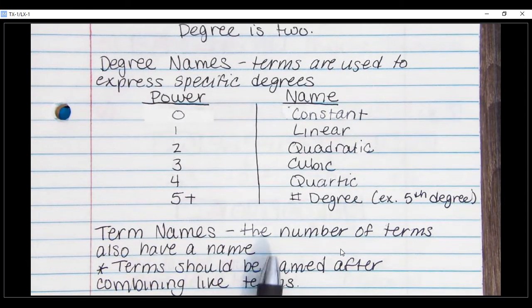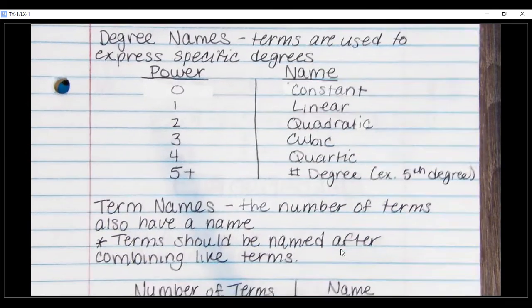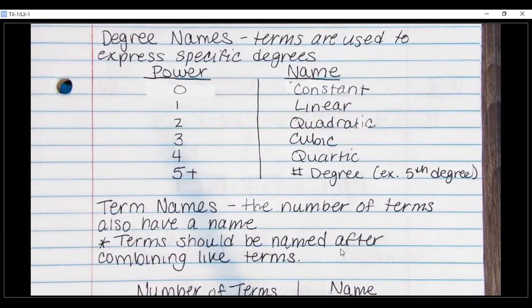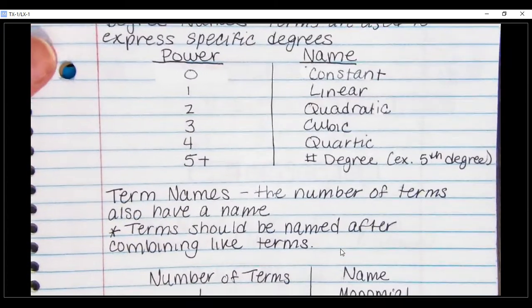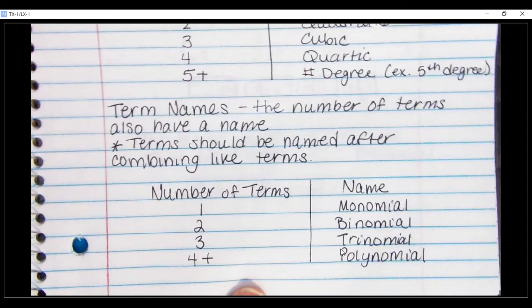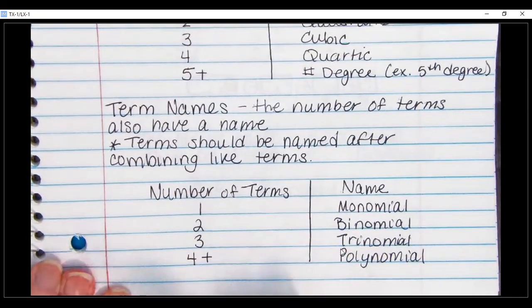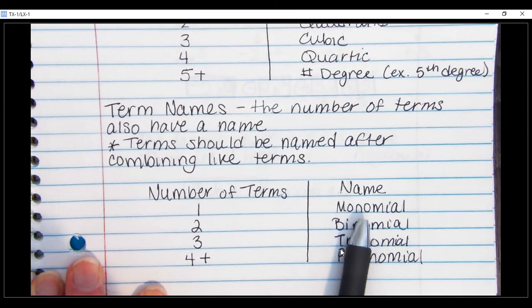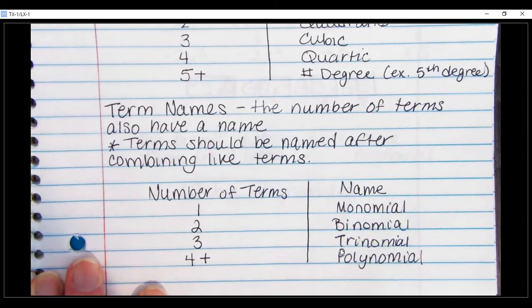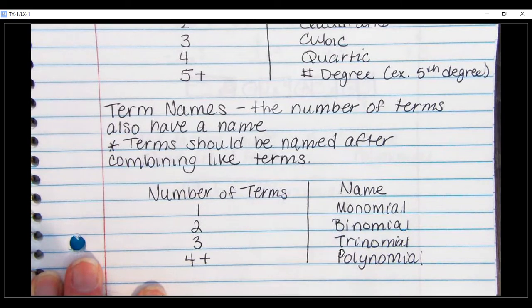So term names. The number of terms also have a name. Terms should be named after combining like terms. So remember, combining like terms is super, super important. Now the number of terms we have, if we have one term, that name is called a monomial. So mono means one, and then we already talked about nomial being parts.